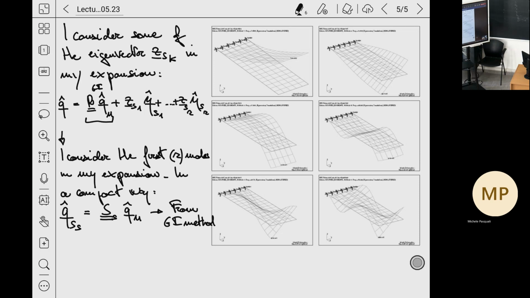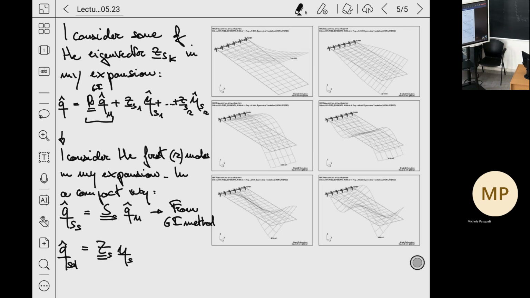The dynamic part, this way, is not anymore 0. Actually, let's write it like so, which is less confusing. It is ZS times eta slave.